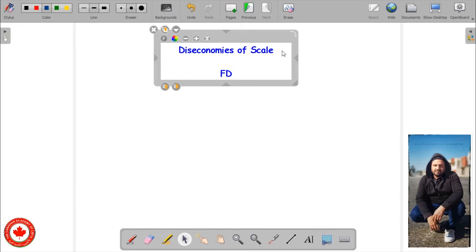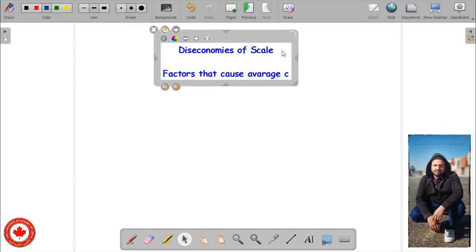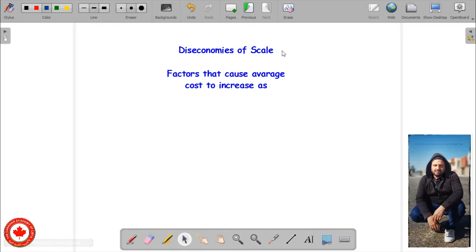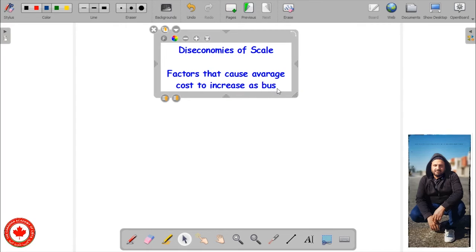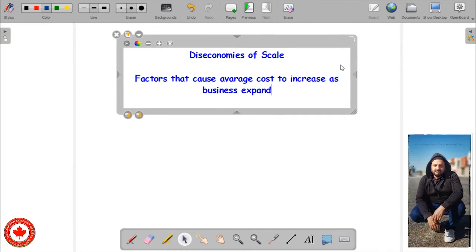Diseconomies of scale are factors that cause average cost to increase as a business expands. This is the definition of diseconomies of scale.